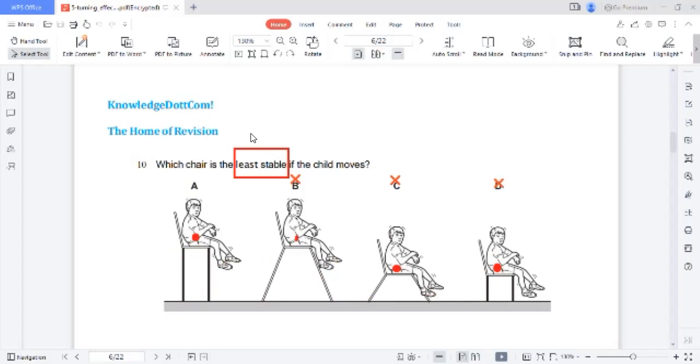That's why we are not going to consider this. We are going to consider this because it is least stable and the question is about least stability. So option A is correct because in A, the child is more unstable, or least stable.